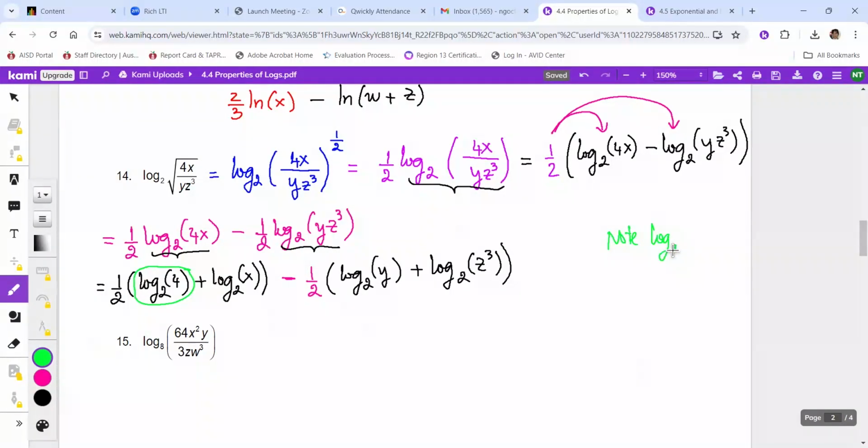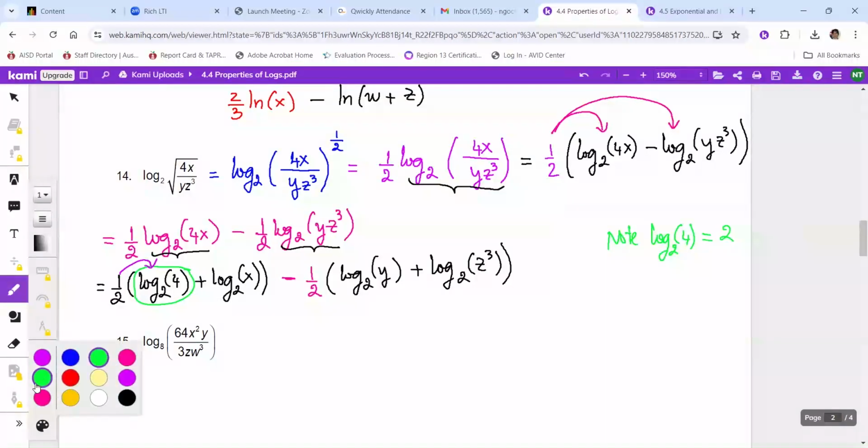Log base 2 of 4 gives us 2, right? Because 2 to the power 2 is 4. So this is 2. So now we do 1/2 times 2 gives us 1. So the whole thing right here gives us 2.